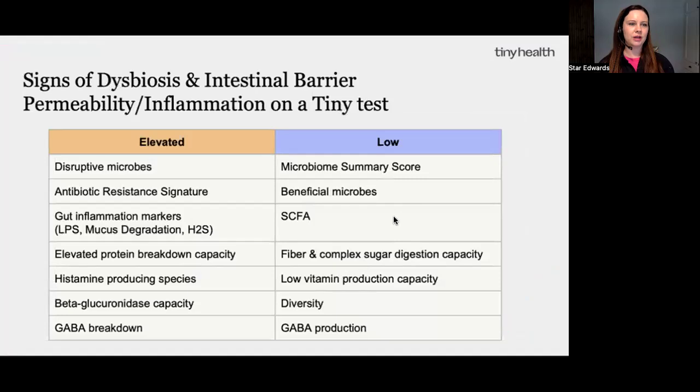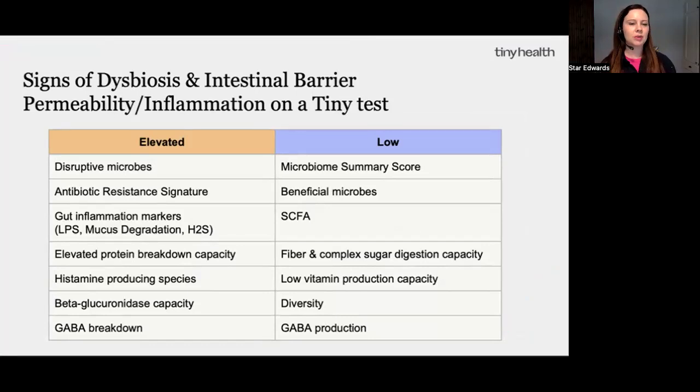Now, this is your cheat sheet. When we think about looking at a Tiny Health test, I want you to remember that exercisers' and athletes' guts are going to vary greatly. So we can't just look for one pattern on a microbiome test. They're very similar to the non-athlete population with a few differences.